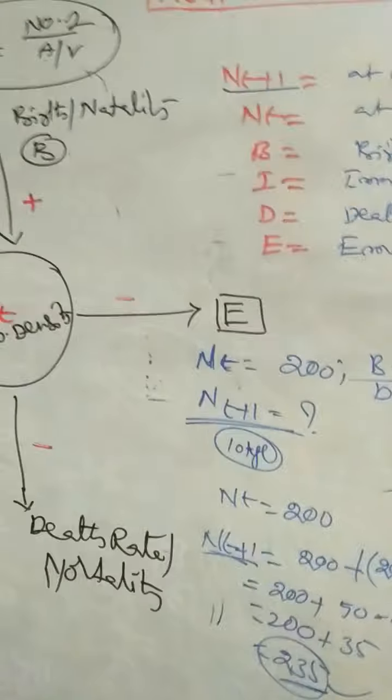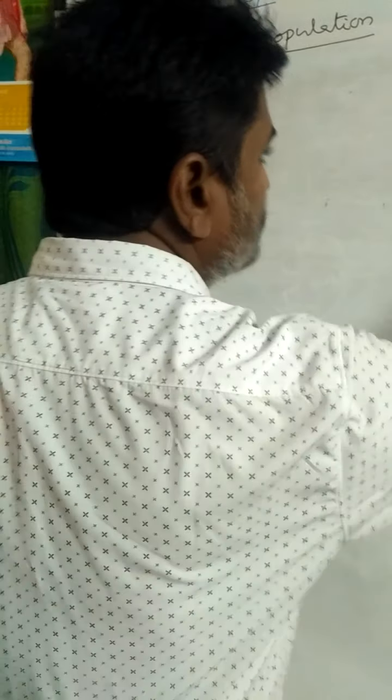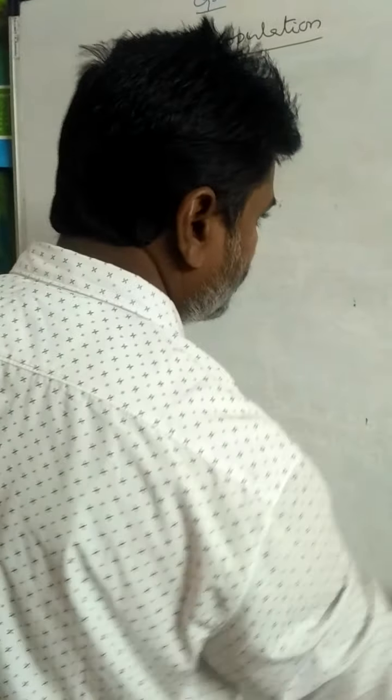And coming to growth models. There are two types of growth models. Before going to that, there are three types of populations.